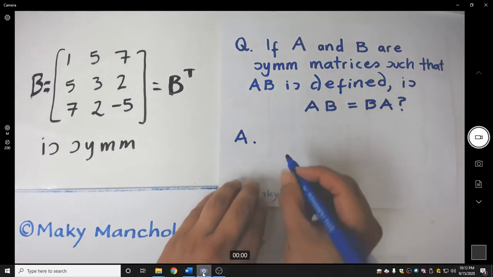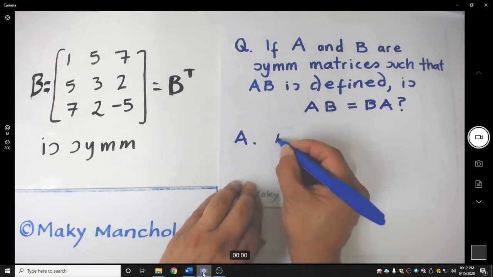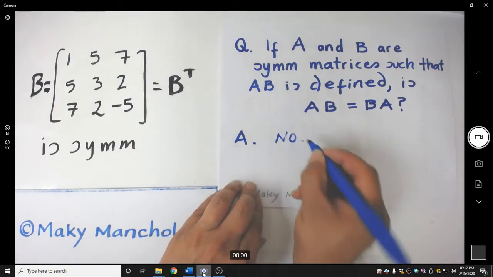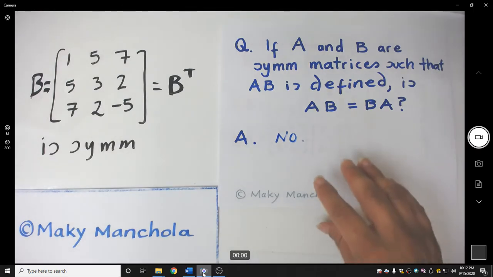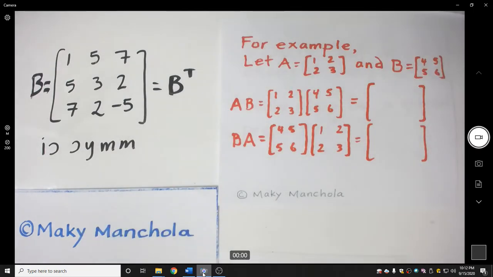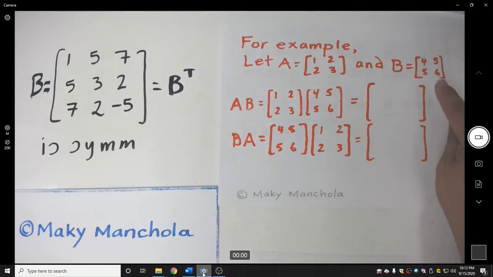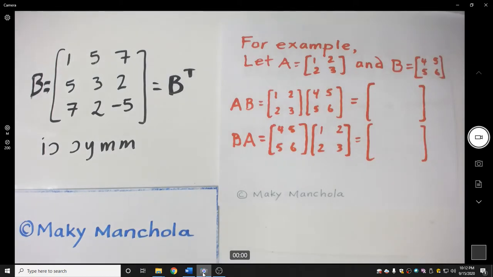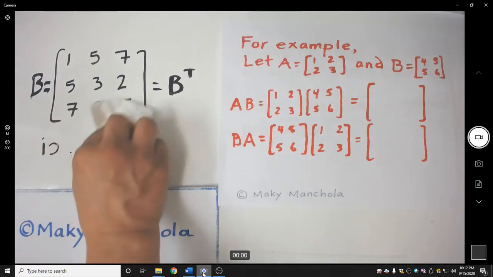So unfortunately, the answer is no. To see this, let's consider the following example. Let A be the matrix, first row 1, 2, second row 2, 3. And let B be the matrix, first row 4, 5, second row 5, 6.